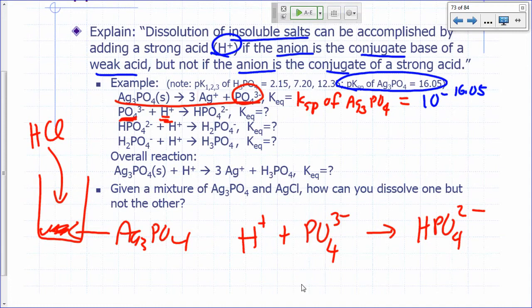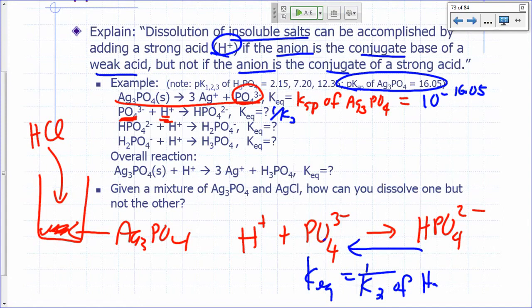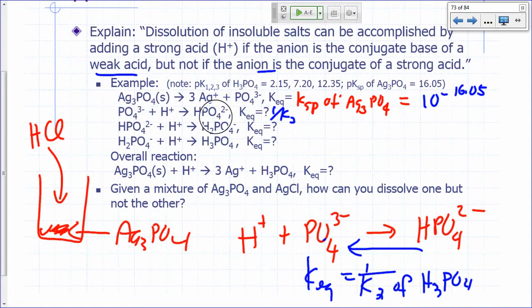That's just the opposite of HPO4 2 minus giving you H plus plus PO4 3 minus. The KEQ for this is 1 over K3. So the KEQ for this is 1 over the K3 of H3PO4. I've looked it up for you already: the pK3 for H3PO4 is 12.35.